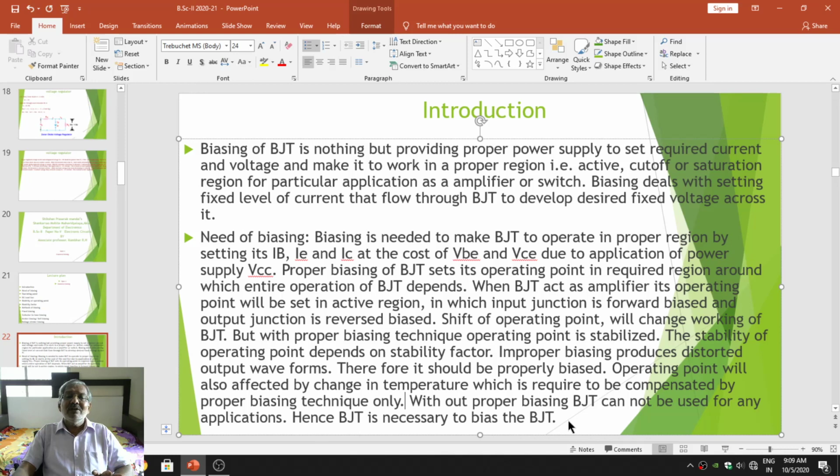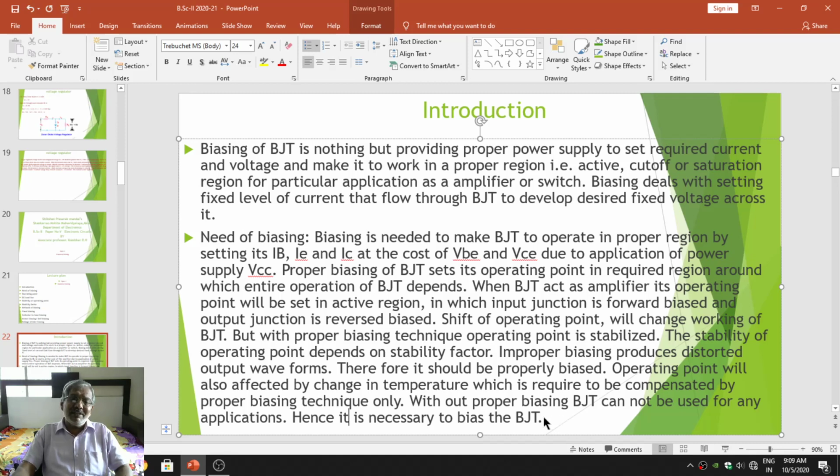All this describes why biasing is needed or why transistor is properly biased.